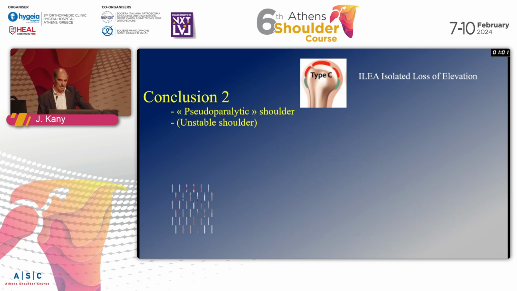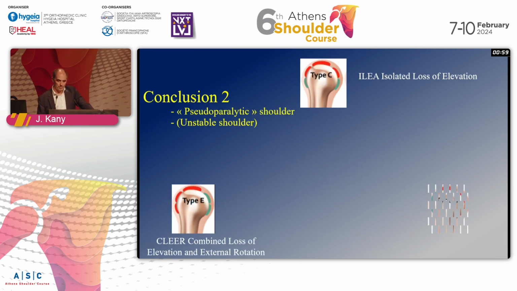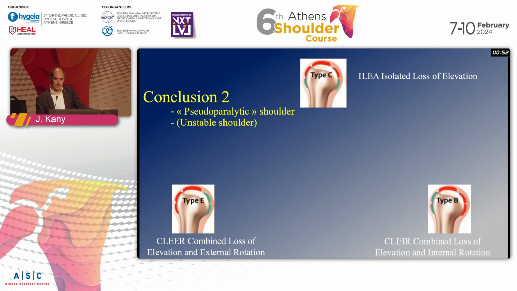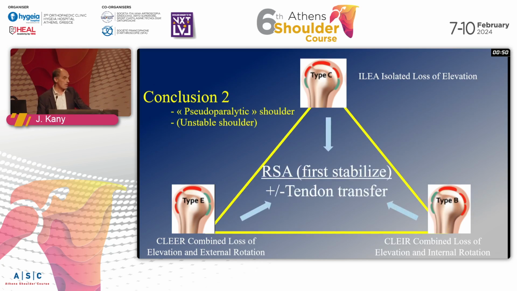This is the other situation I've described. You have a clear deficit of elevation and external rotation, and this is the deficit of elevation and internal rotation. This is the field of a reverse shoulder arthroplasty plus or minus tendon transfer.